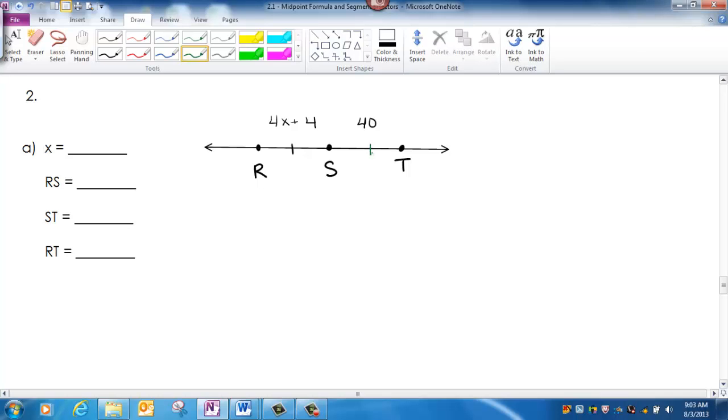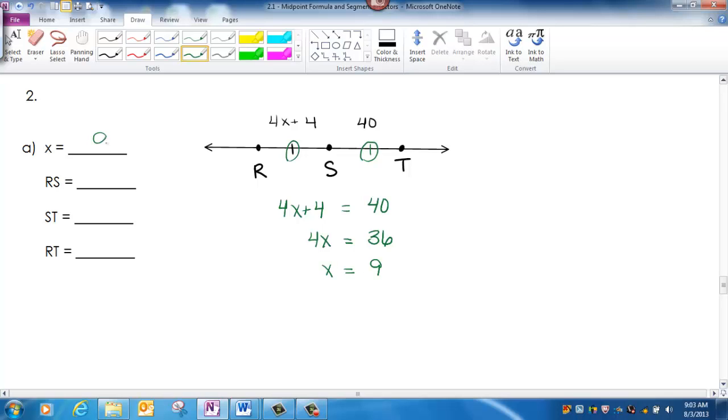Okay, next example. Here we can see again that because these both have slash marks, RS is congruent to ST, and we first want to find X. So if we just set 4x plus 4 equal to 40, then we can solve for X. So first subtract 4 to the other side, and then divide by 4.